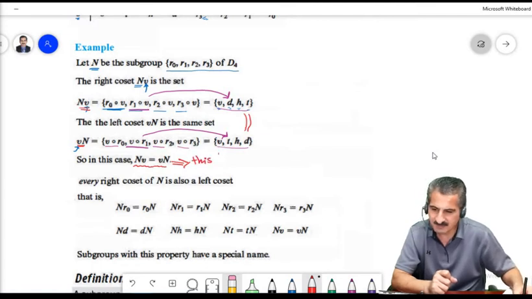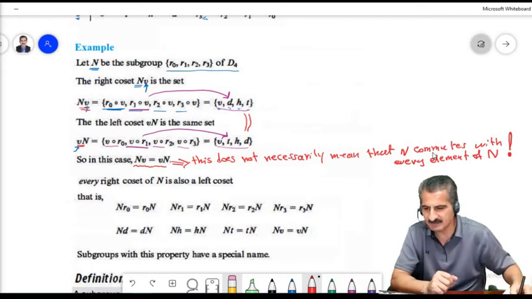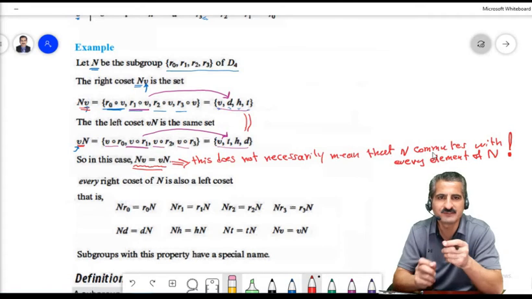This equality does not necessarily mean that V commutes with every element of N. Okay, so having NV equals VN, we are not saying here V is commuting with every element of N.